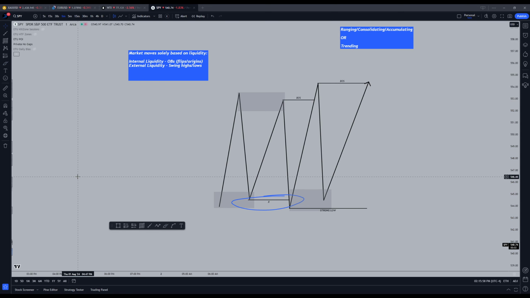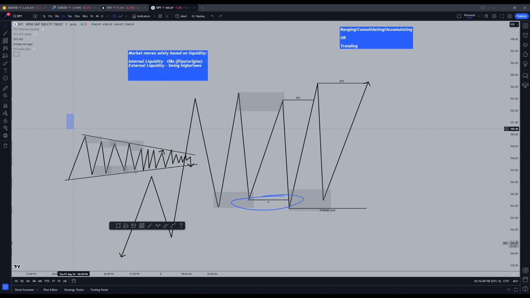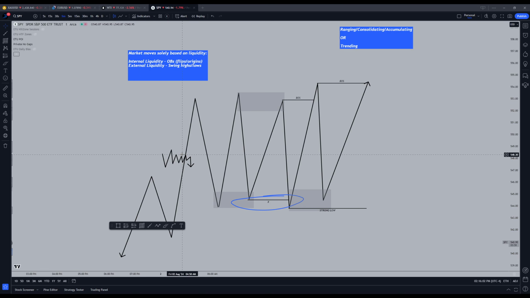What I like to apply sometimes for prediction of price, this works pretty well, is if we are in a range, if you go from internal to internal, okay, I'm expecting if this holds here that we should go to external again. So go from, let's see if I'm drawing this right, internal to internal.